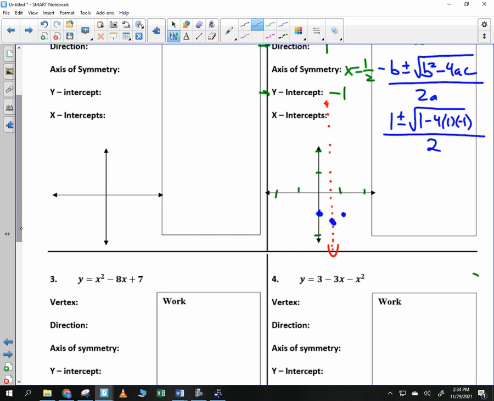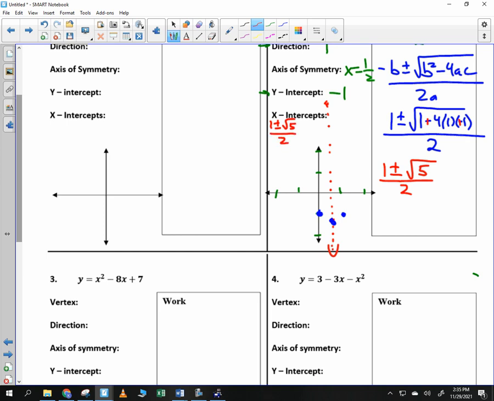So they will cancel each other out, make a positive. So I have 1 plus or minus the square root of 5 over 2. That's what we call simplest radical form.